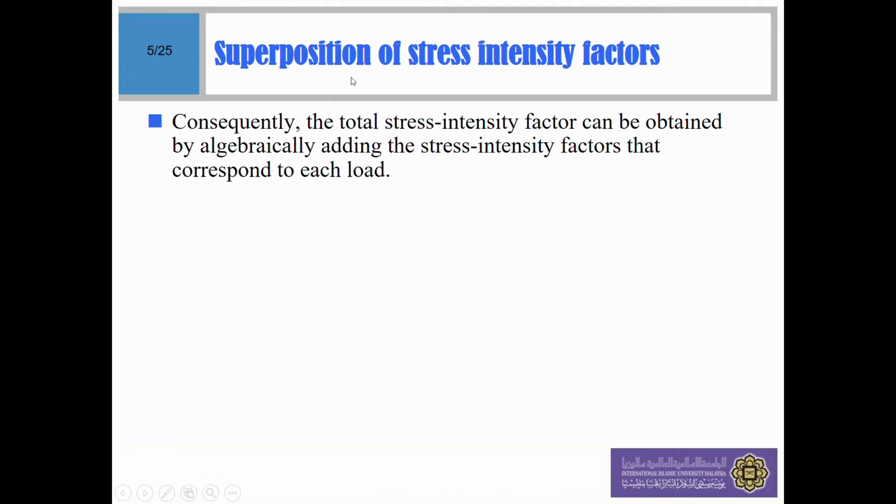What they mean in this sentence is that it can be obtained algebraically. It means that in one situation, you might not calculate the whole thing based on one calculation. It is actually a combination of several types of stress intensity factors.